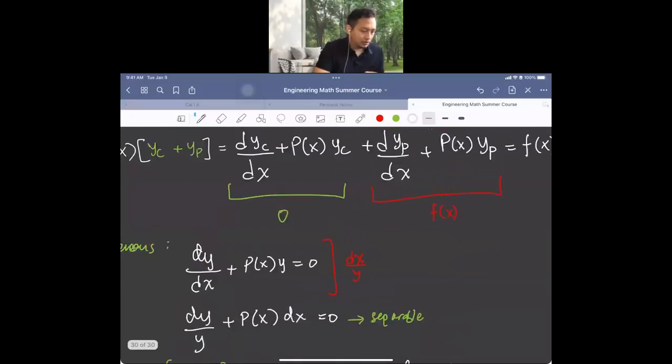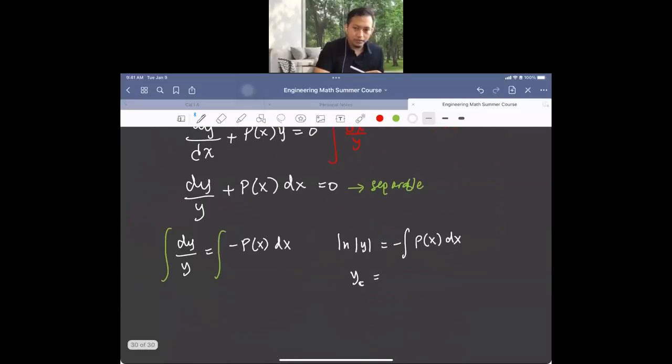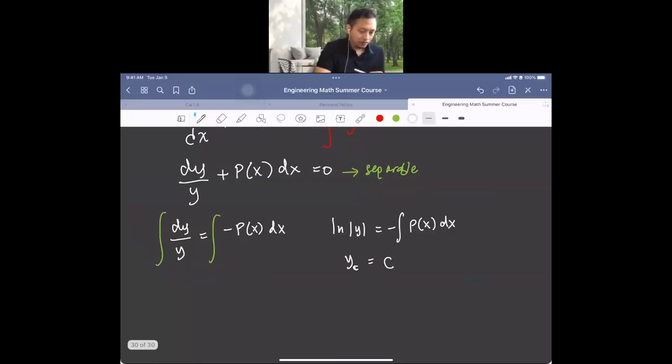That's according to our definitions from the beginning. This will be equal to some constant, from the ln, some constant e with the power of minus integral p x dx.